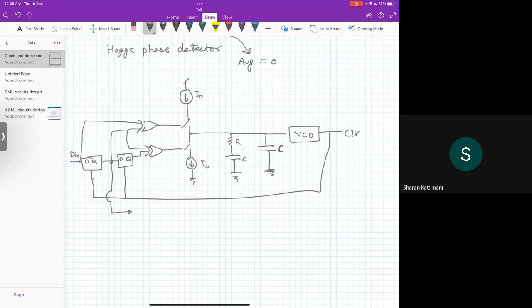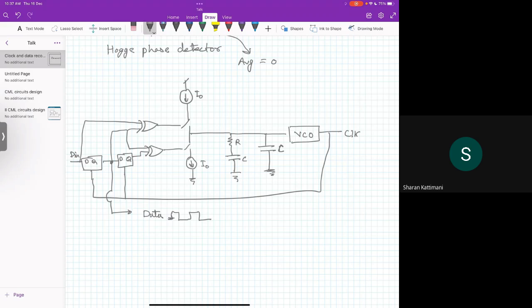Okay, so now you can understand that the good data depends on the good clock, and for getting a good clock we need to have a PLL loop. Okay, but because we are trying to recover the clock from the data itself, a common phase detector that is used in a phase locked loop cannot be used here.